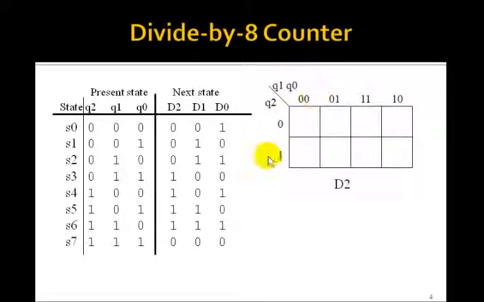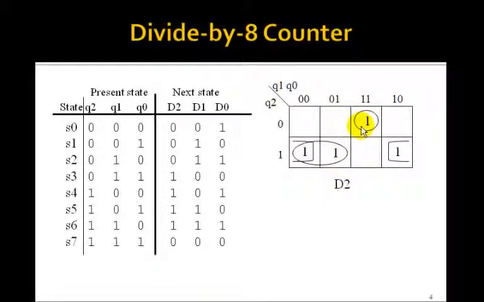So let's try it. Let's look at D2. We got a minterm 3. So we put a 1 here. We have a 4, a 5, and a 6. So how many circles do we have? Well, we wrap this one around. We can't do anything with this one. And we have a circle here. So we can just write the logic equation for D2.